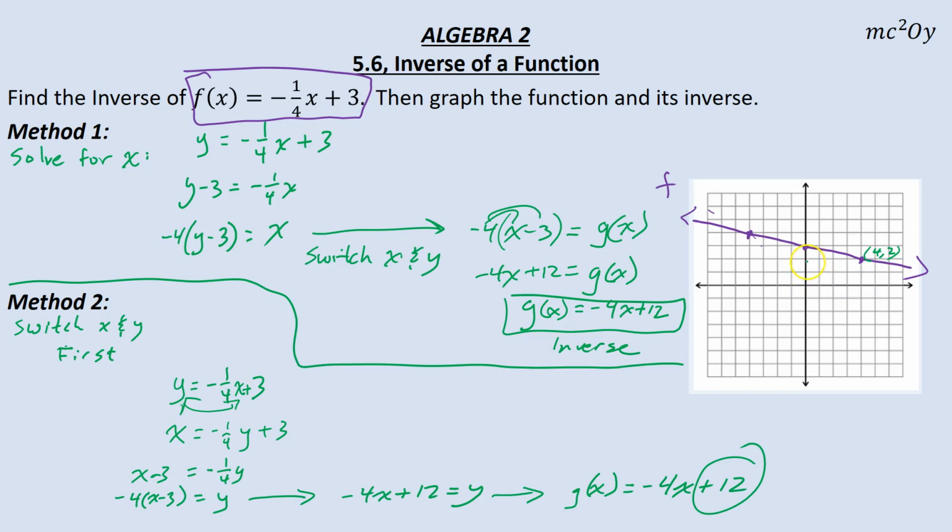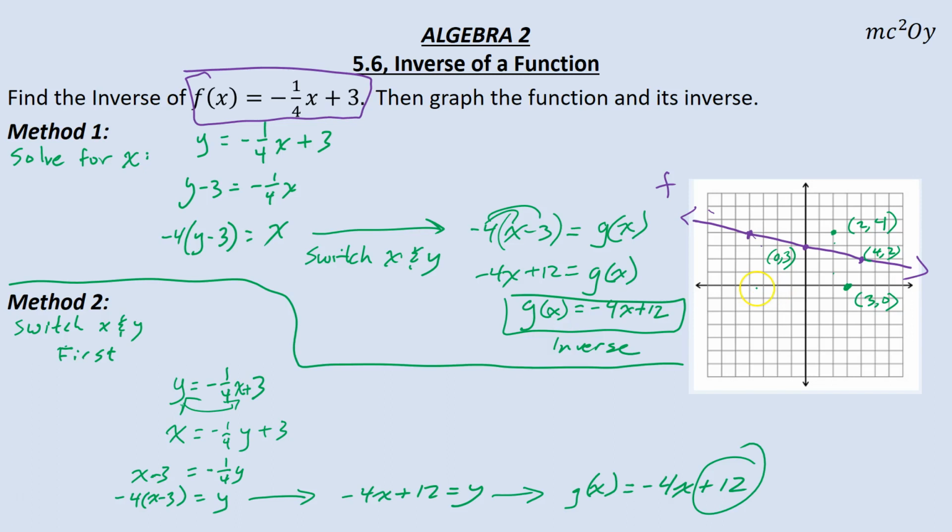I could go to x is 2 and y is 4, and that is my new coordinate. This (0, 3) is now at (3, 0), and this (4, 2) at (2, 4).